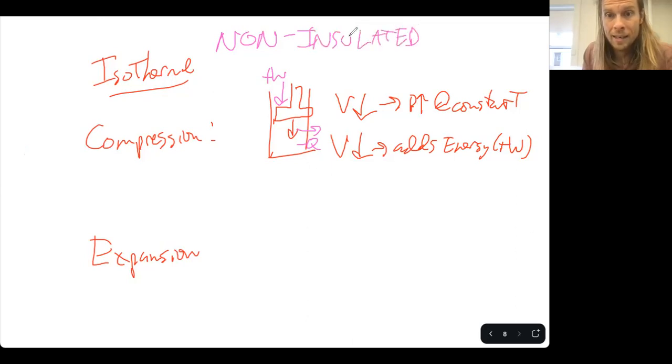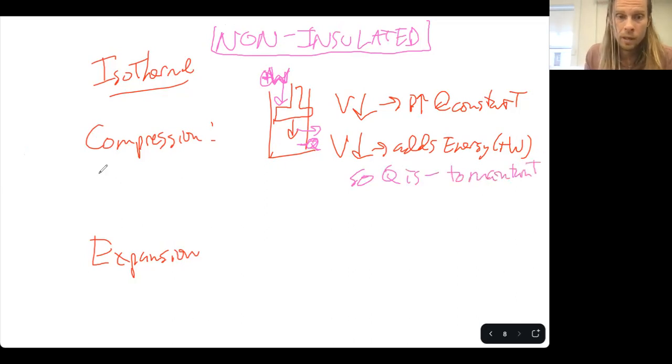Because if I did insulate it, I would get the fire piston. If I did insulate it, I would squeeze it and it would heat up, it would warm up, right? So I have a positive value for W and a negative value for Q in compression. So Q is negative to maintain T. And in both of these, delta E total is 0, of course, because it's isothermal.